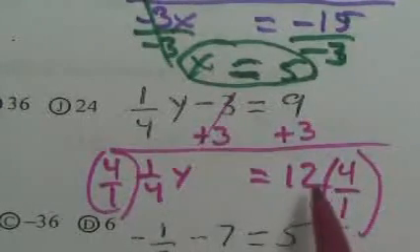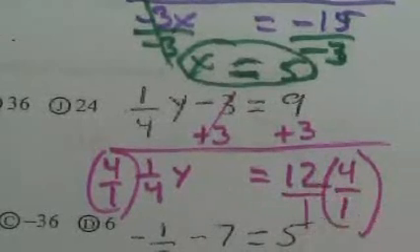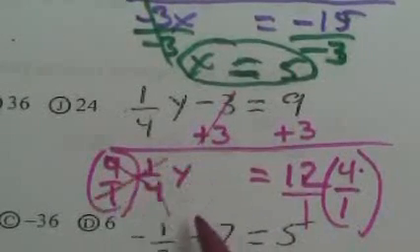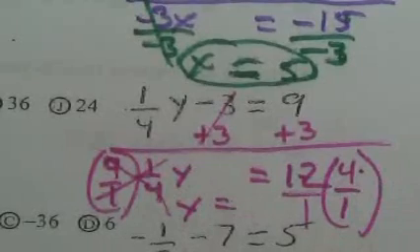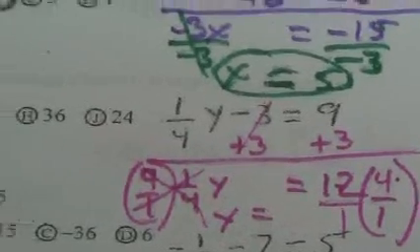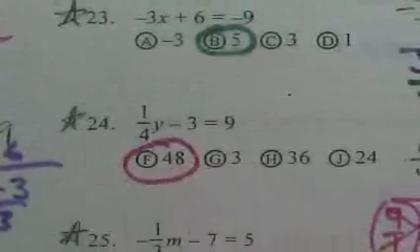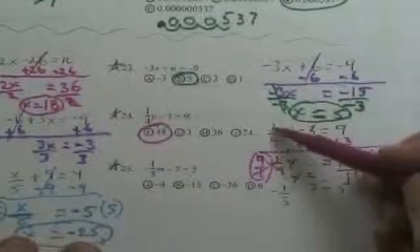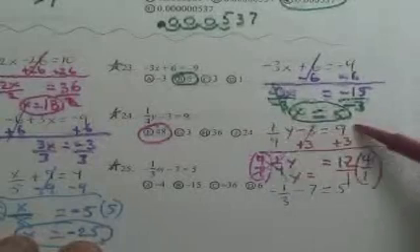And again, notice how the 12 is on top, in case you did not know that. Okay, so I just have 12 times 4 is my answer, because these reduce to 1. And 12 times 4 is 48. And if I look over here, there's my answer, 48, letter F. So when you have a fraction, remember, use a reciprocal. Just flip it. Do that to both sides. Use reciprocal on both sides.